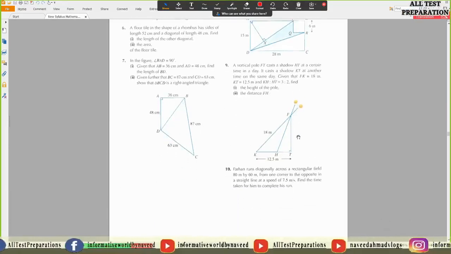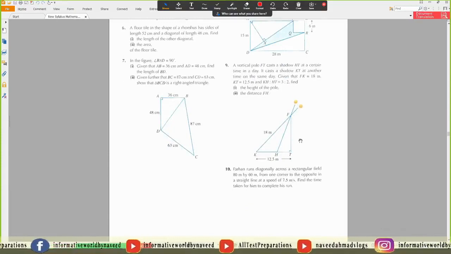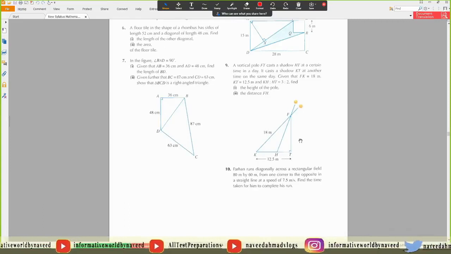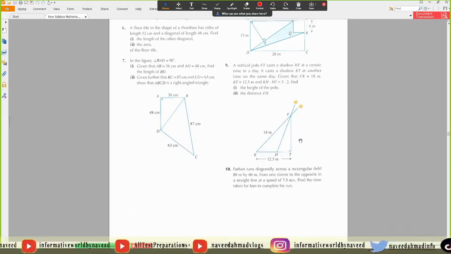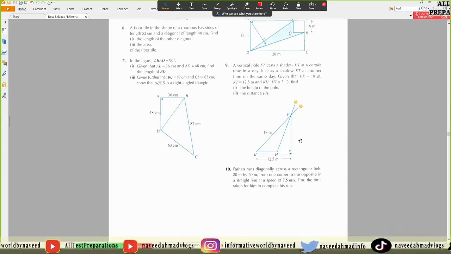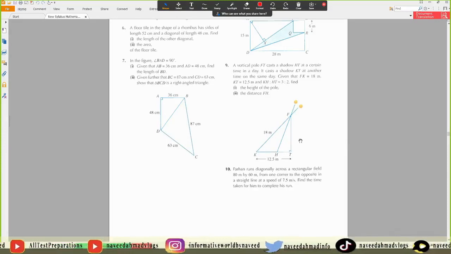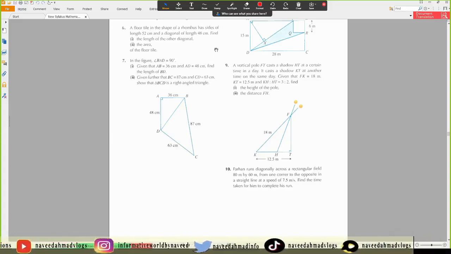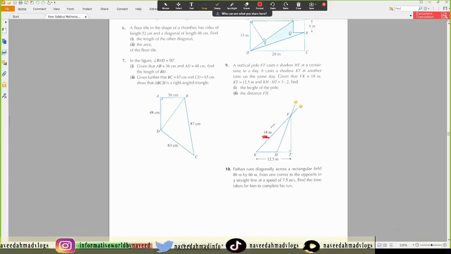A vertical pole FT casts a shadow HT at a certain time. It casts a shadow KT at another time on the same day. So given that FK is equal to 18 meter, this is given to you.